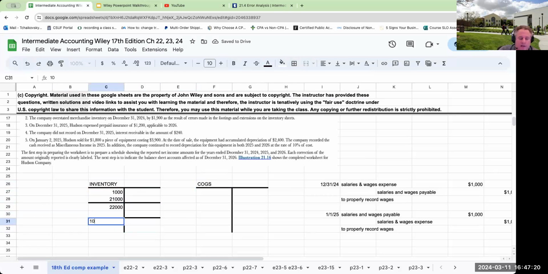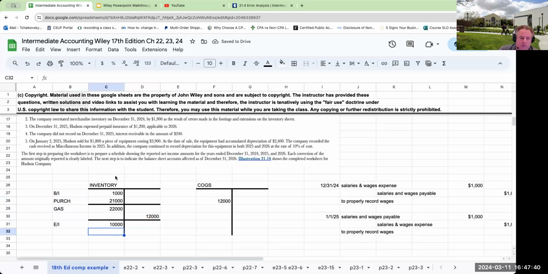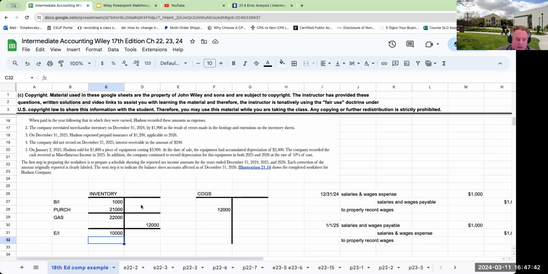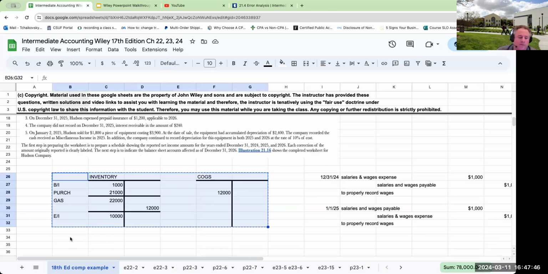So our beginning inventory plus our purchases gives us goods available for sale, and this over here is our ending inventory, but we sent over 12,000 to cost of goods sold. Again, I'm just making up numbers to make the illustration.